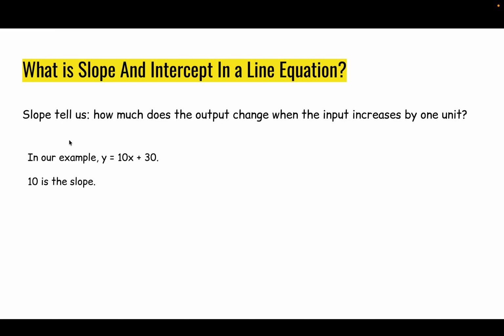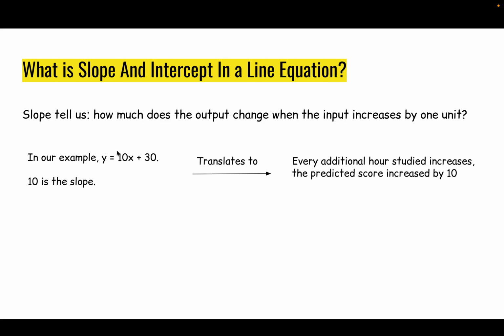So in our case, where y is equal to 10x plus 30, our slope is 10. So which translates to every additional hour the student studies, the predicted score increases by 10. If you study for one more hour, you will be increasing your score by 10. Okay, this makes the model very interpretable.